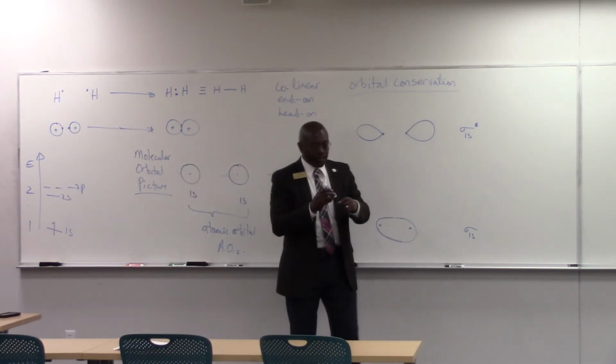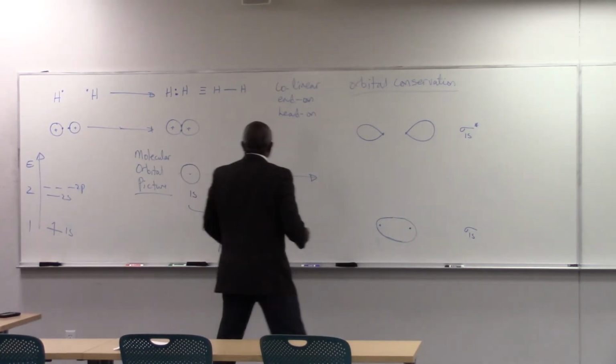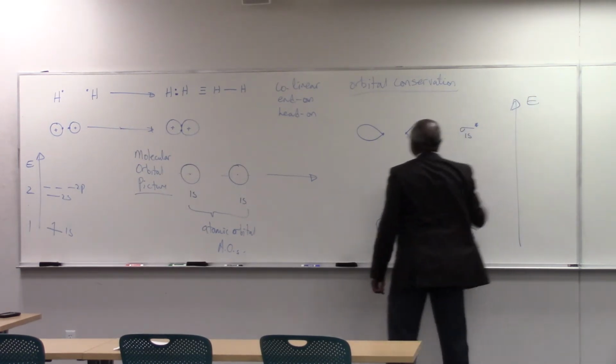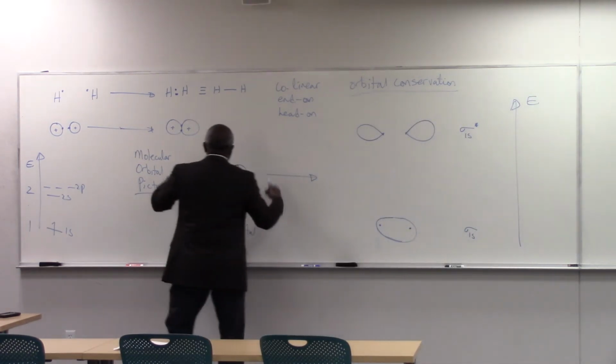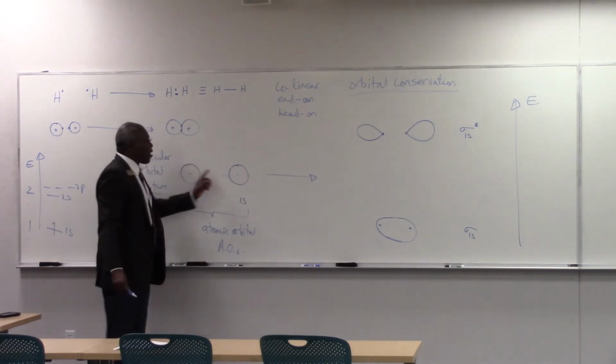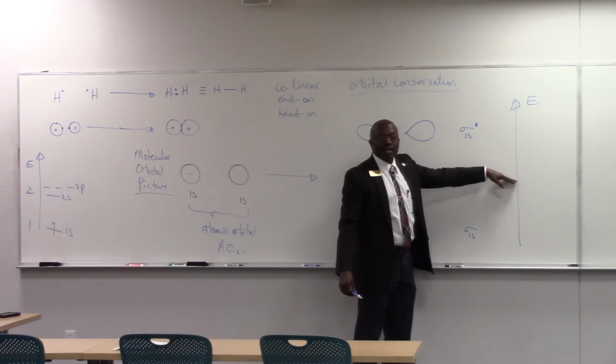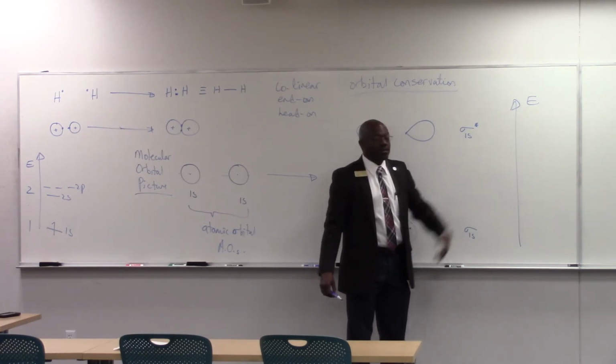Now, how are they different? I can imagine on this axis, I have energy. Here is the energy of my 1s orbitals. It's some non-zero value. There's some finite energy of my orbitals.